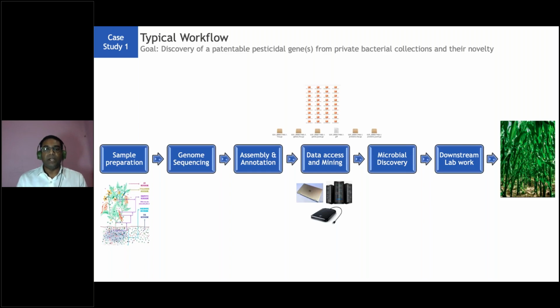Once the raw data are assembled and annotated by the bioinformatician, they are stored on internal servers and various other devices, generally in raw format. Then scientists mine this data for microbes containing pesticidal genes with the help of the bioinformatician, and then conduct downstream lab work before testing it in the field.